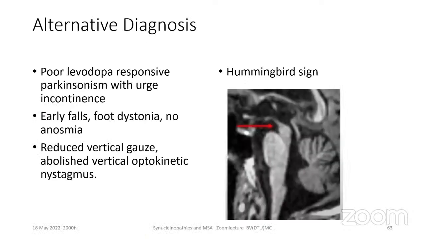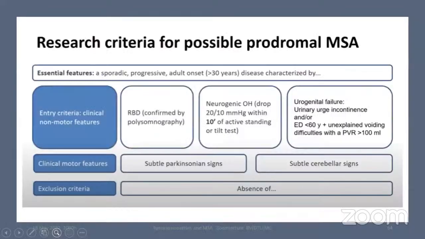Alternative diagnoses are suggested by hummingbird sign in PSP, as you can see here. Poor levodopa responsive Parkinsonism with urgent incontinence. There will be early falls, foot dystonia, no anosmia, reduced vertical gaze, abolished vertical optokinetic nystagmus. These are ocular signs. So they are the other features.